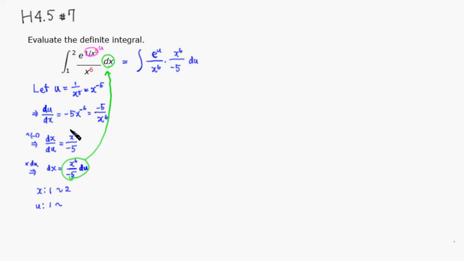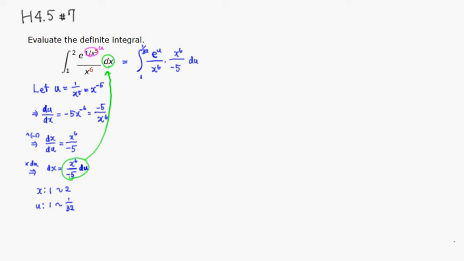Then plug in 2, so 1 over 2 to the 5th. 2 times 2 is 4, 4 times 4 is 16, and 16 times 2 is 32, so 1 over 32. So the new integral has lower limit 1, and upper limit 1 over 32.